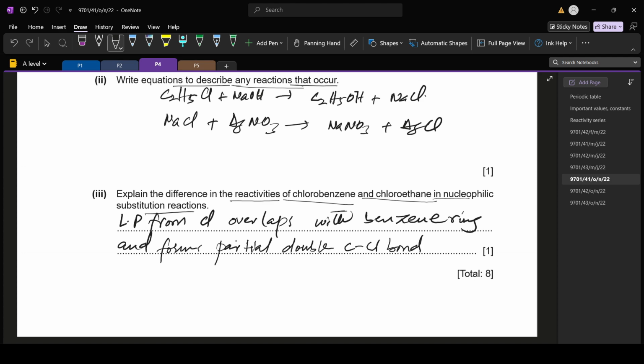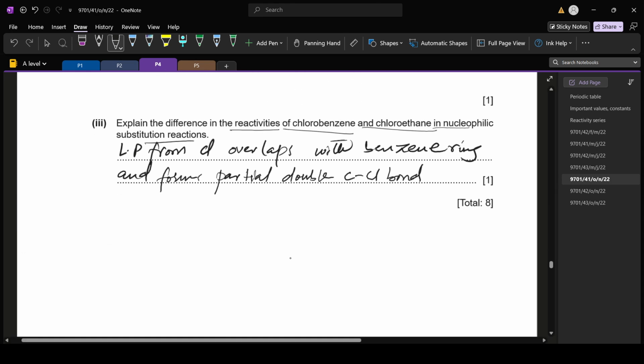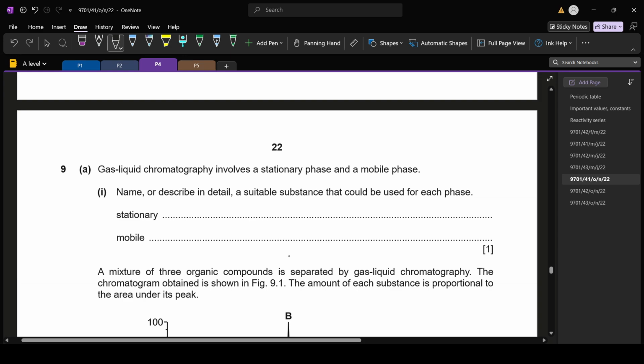You can write this as well, or you can write that this C-Cl bond is then difficult to break. You can also write that as well.